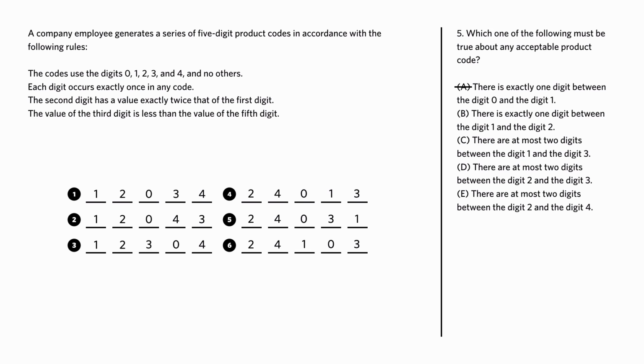B doesn't have to be true in many of our frames, and so we can go ahead and eliminate B as well. C doesn't have to be true in frame 2, so we can cut C. D doesn't have to be true in frames 4 and 6, so we can eliminate D as well. And then finally, E is true in all frames, and so E is our correct answer.